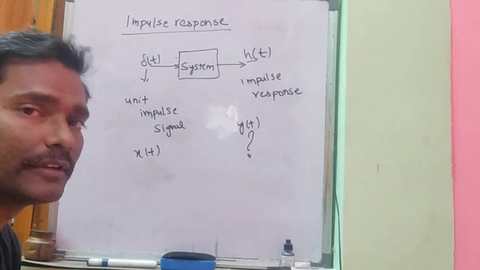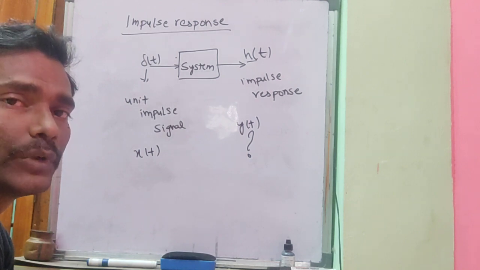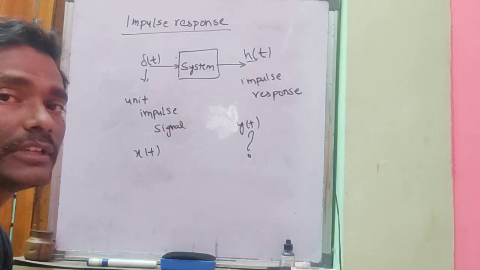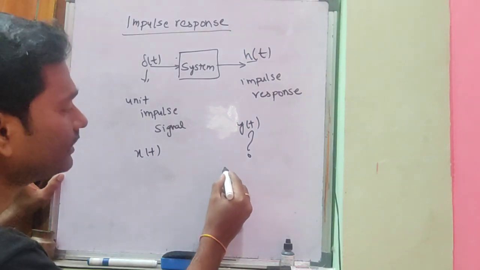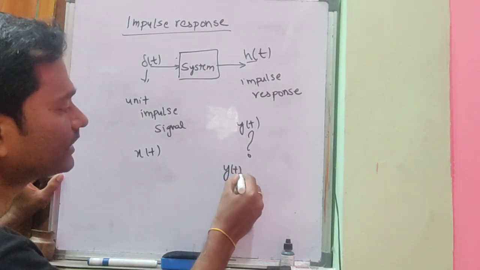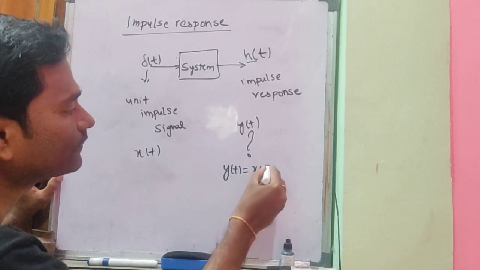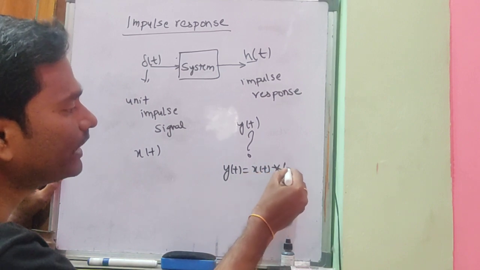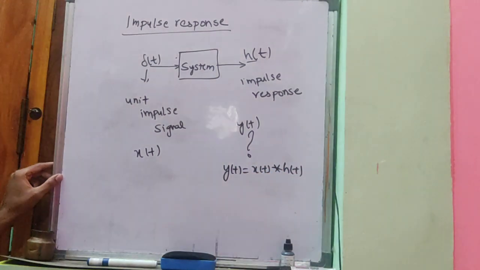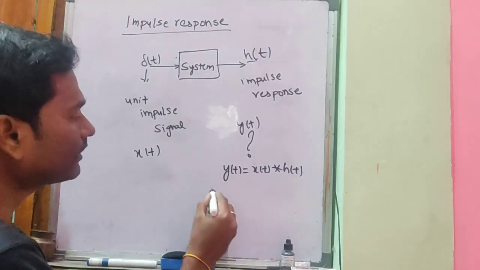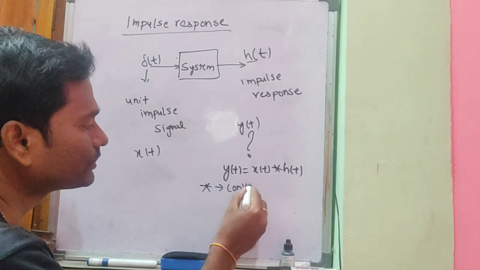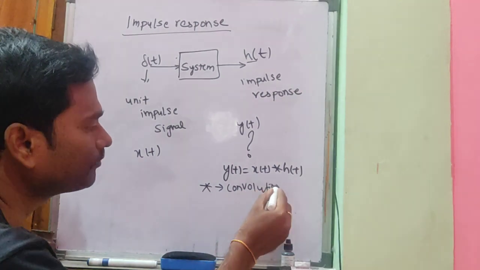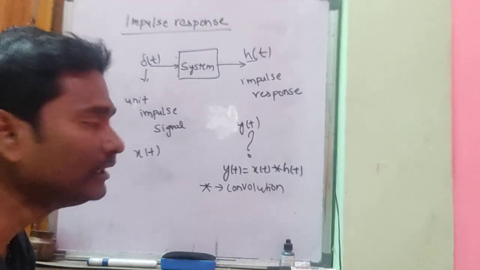There is a very important relation between the input, output and the impulse response: y of t is equal to x of t convolved with h of t. This star represents convolution, a very important mathematical operation.